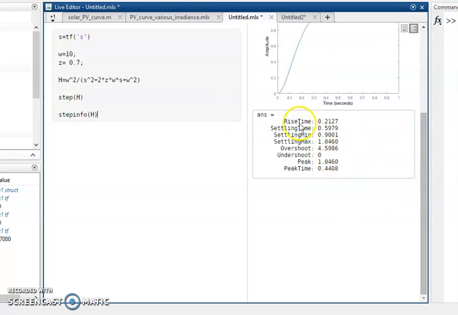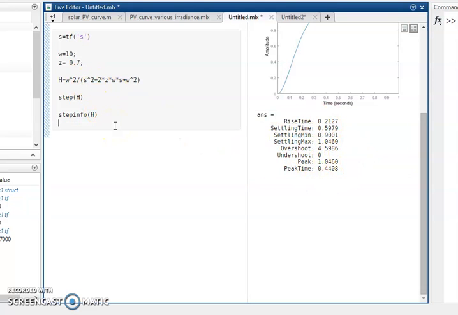Here you can see that the rise time is 0.2127, the settling time is 0.59, and the peak time occurs at 0.4408. So these are the step response characteristics of the system.